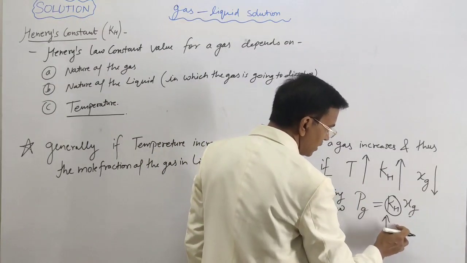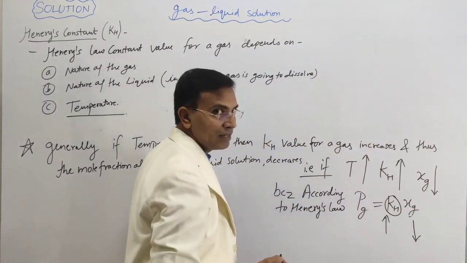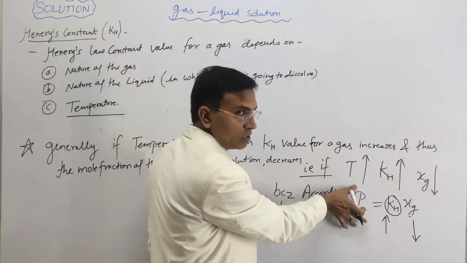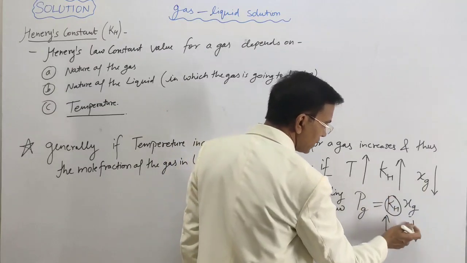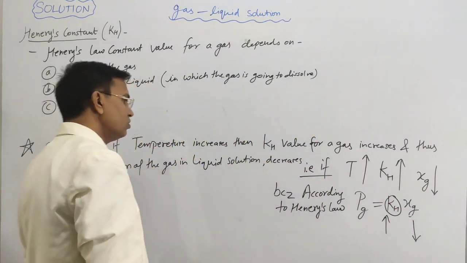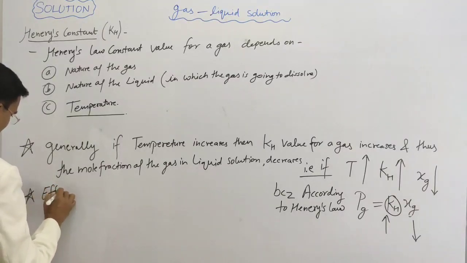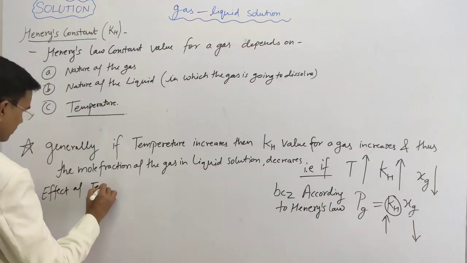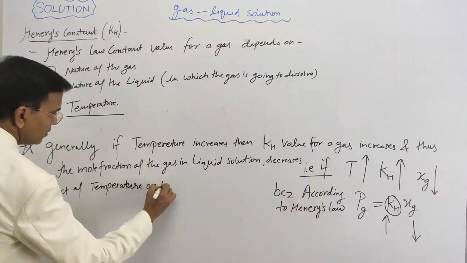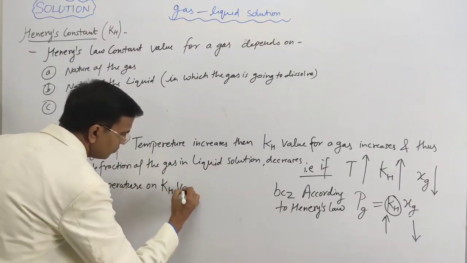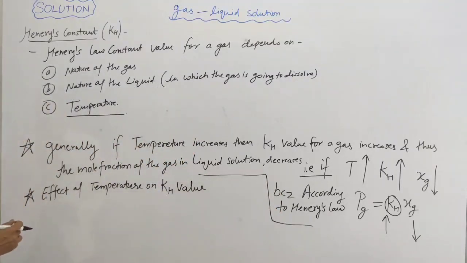So if the kH value increases, then X gas decreases automatically, to keep the pressure constant. So if the temperature increases, the kH value increases and the mole fraction decreases. So this is the effect of temperature on kH value, right?